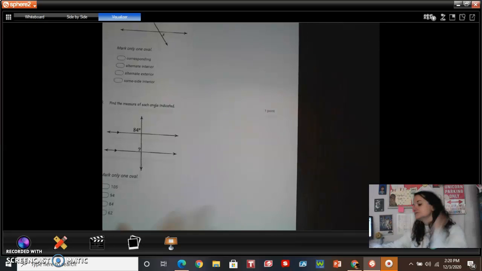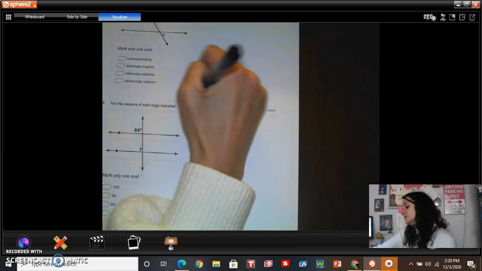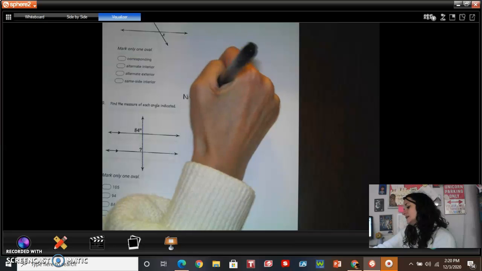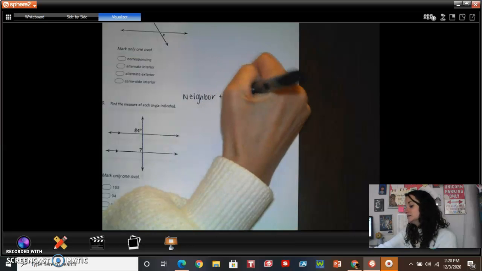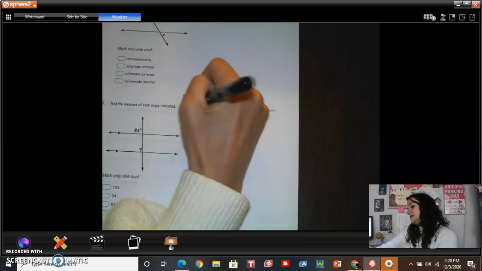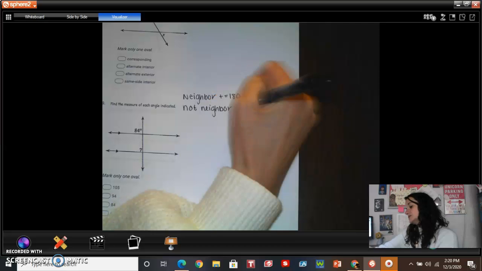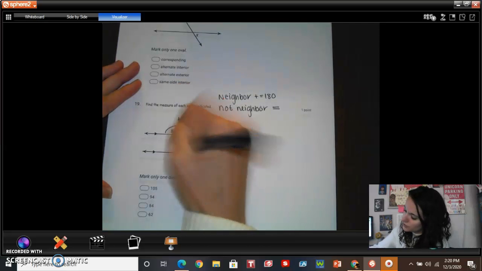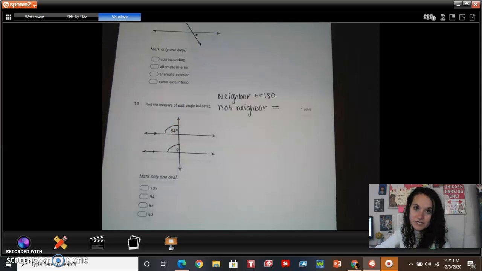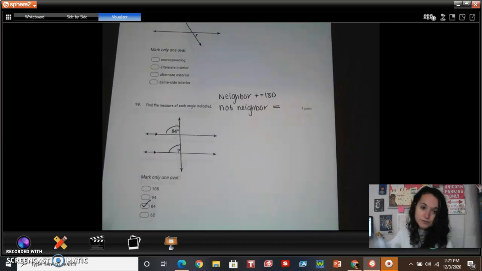Alright, now, for the next set, remember this is where we talk about neighbor or not neighbor. If they are neighbors, they add to equal 180. Not neighbors, they just equal. Okay, so for example, 84 and question mark, they're not neighbors, so they're equal to each other. So this is also 84.